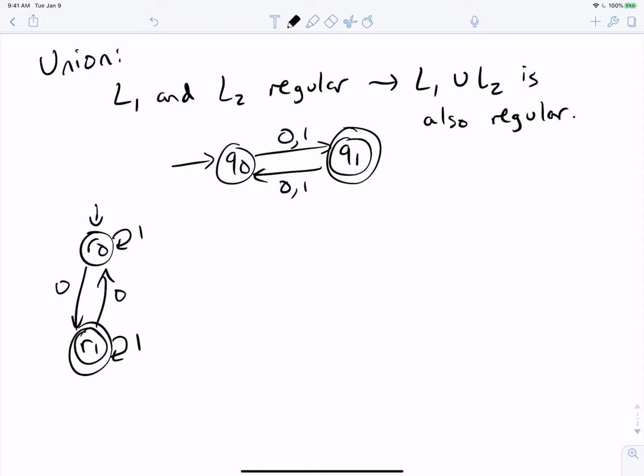If L1 and L2 are regular languages, what do we know about them? They have a DFA for them. So if I want to show that L1 union L2 is also regular, what do I have to show for it? There's a DFA for it, okay?